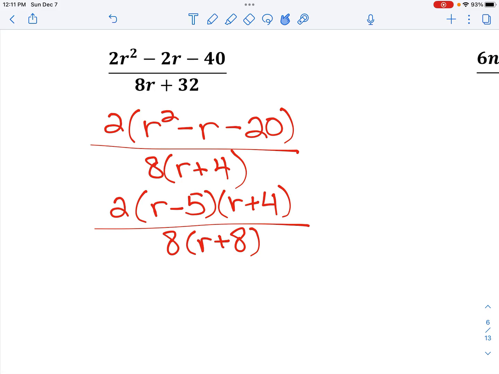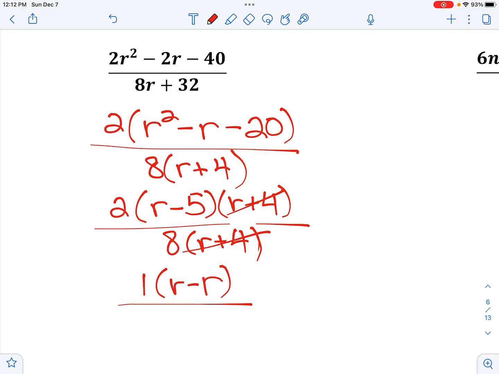Now I'm going to cancel. Oops, I wrote r plus 8 when that should have been a 4. Now these can cancel, and then I also want to take out the factor of 2 and 8. Well, that would reduce to 1/4. So I have a 1 on the top and a 4 on the bottom.